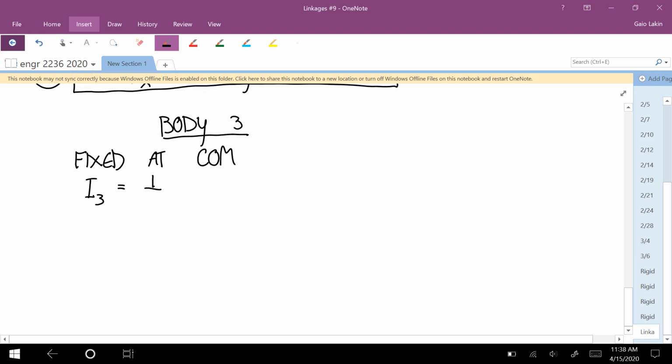And that is 1/2 times the mass of 50 times the radius squared. So we have 50 over 8, 6.25 kilogram meters squared.